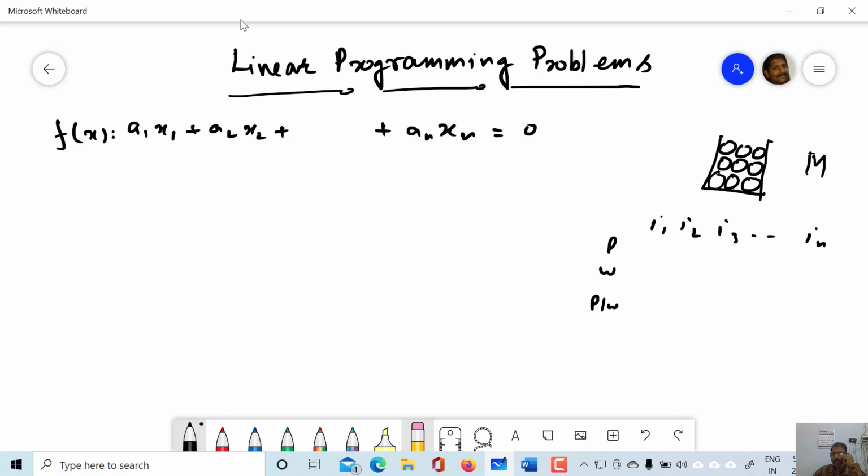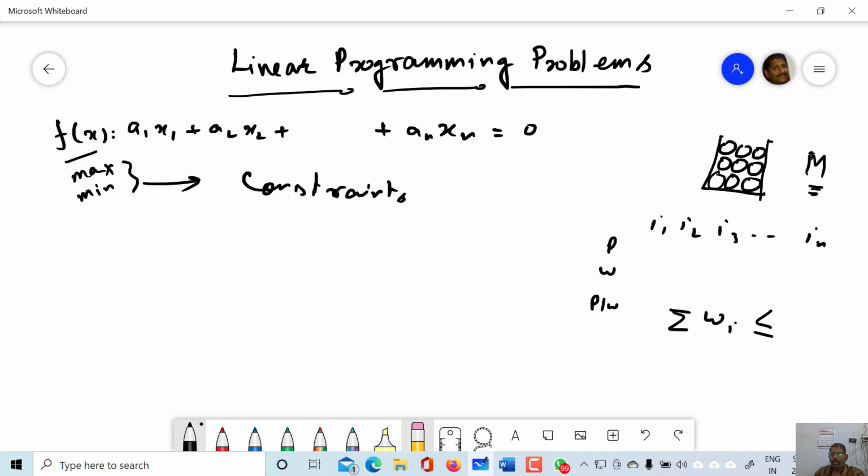So there will be a constant. The constant is m. That means you place weights wi such that the sum of all these weights must be less than or equal to the maximum capacity of the knapsack, otherwise the knapsack will break.